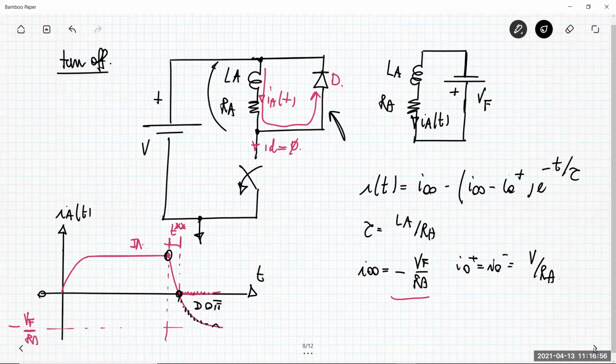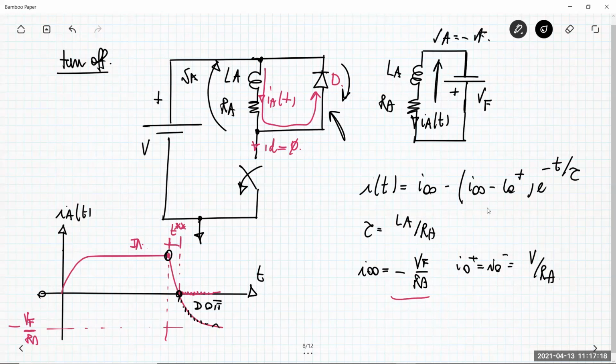Let me call this VA, the voltage across the phase. Here you can see in a very precise way: VA is minus VF.